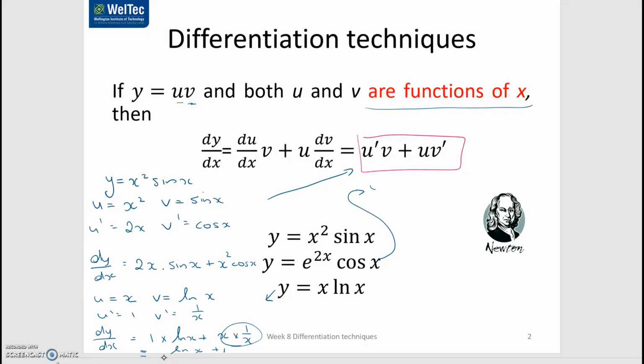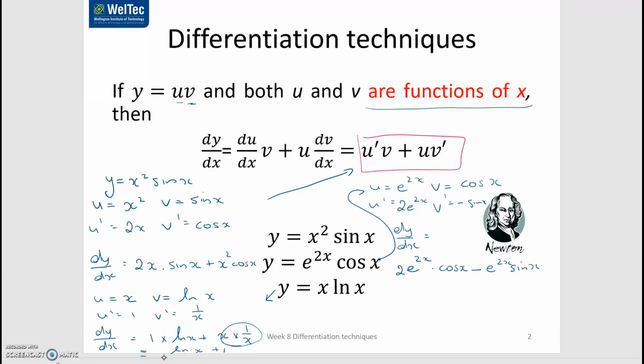Now the next one, u equals e to the 2x, and cos x we name as v. u dash is 2e to the 2x, and v dash is negative sine x. dy by dx then is 2e to the 2x times cos x minus e to the 2x sine x, just by following the formula.